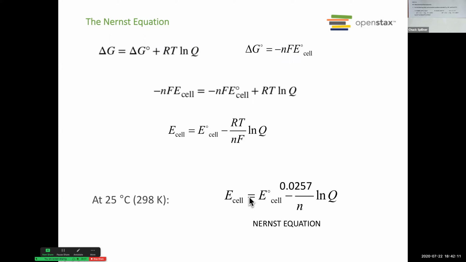They have E cell equal minus E standard cell, and that's wrong. There's no negative sign in front of that, so the equation in the book is not correct. This is the correct equation. Because our other equations are in natural log, I didn't see any reason to change it to base 10 log, so this equation is natural log.